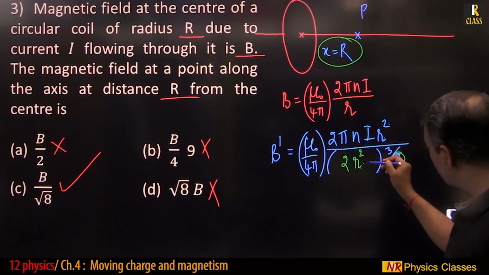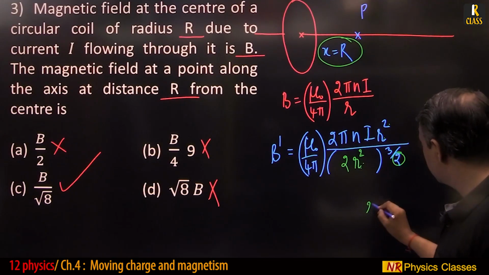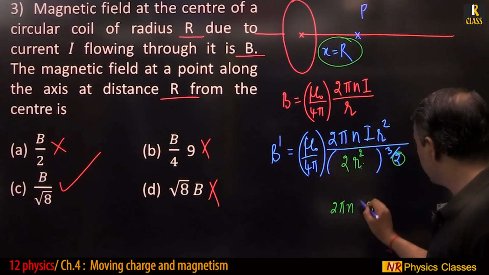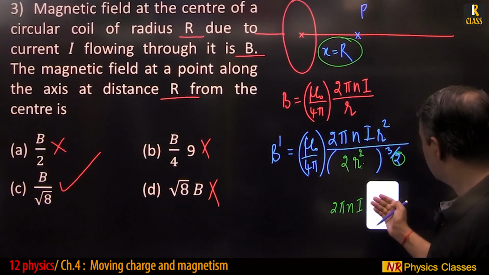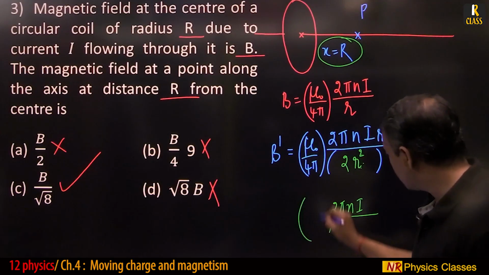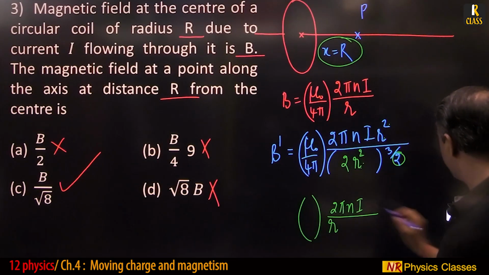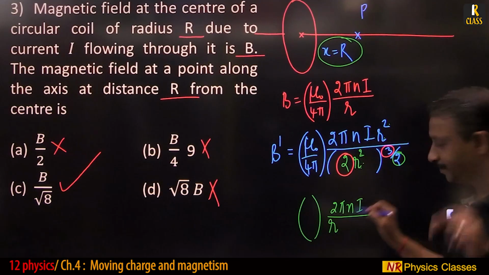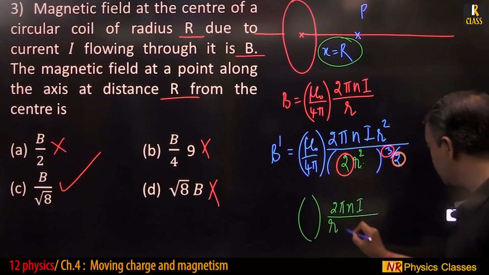R square by R cube is R. 2 pi Ni, in the denominator there is R. This is constant. Now 2 cube is 8 under square root. So it is root 8.